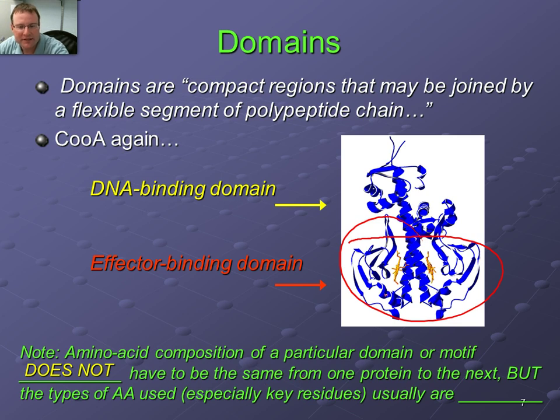That is to say, you don't necessarily have to have a lot of conservation of particular amino acids, but usually the kinds of amino acids from a domain in protein 1 to a domain of a homologous protein in protein 2 are going to be the same. So that'll be something we get into when we start talking about molecular evolution.